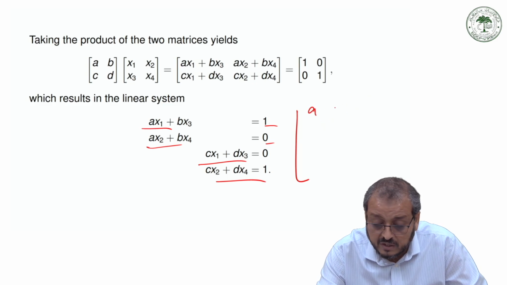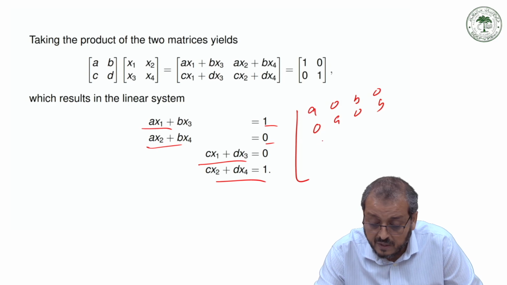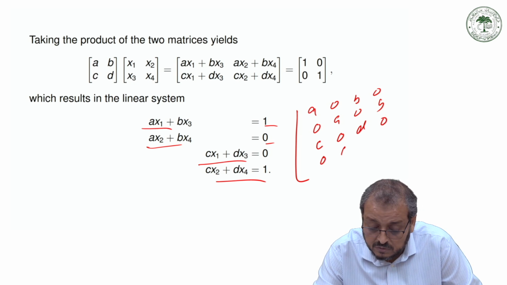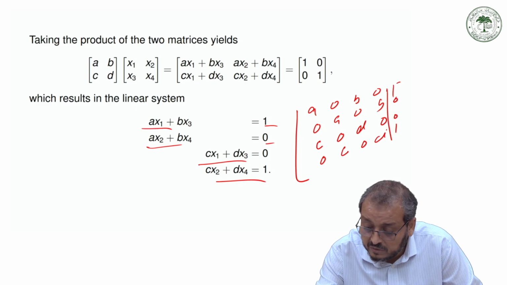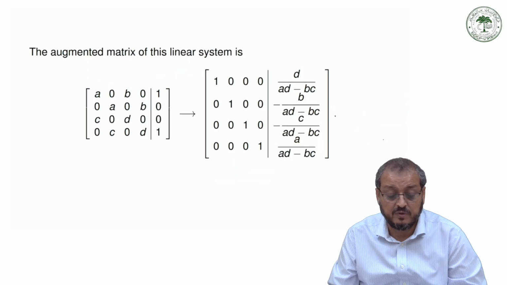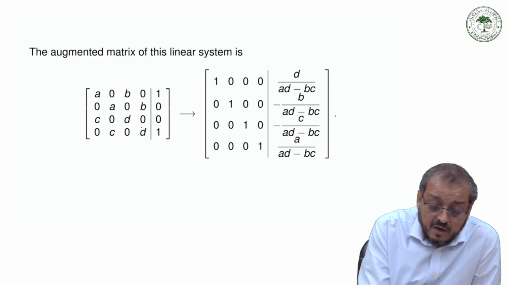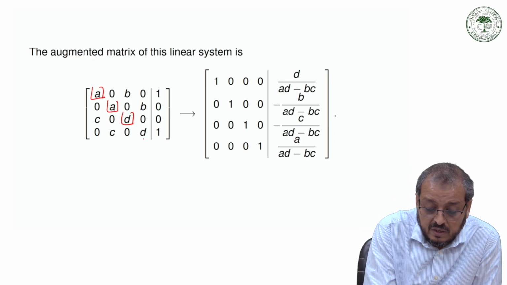The rows are A, 0, B, 0, then 0, A, 0, B, then C, 0, D, 0, then 0, C, 0, D, and the right-hand side is 1, 0, 0, 1. This is the augmented matrix of this system of equations. Now what we do is we try to make a one here, one here, one here, and one here.